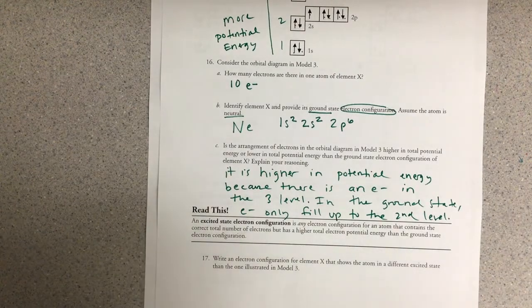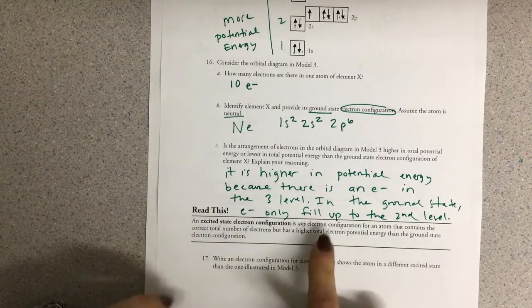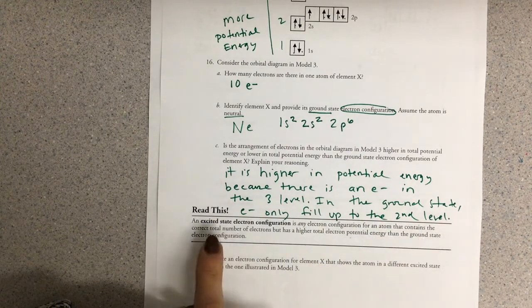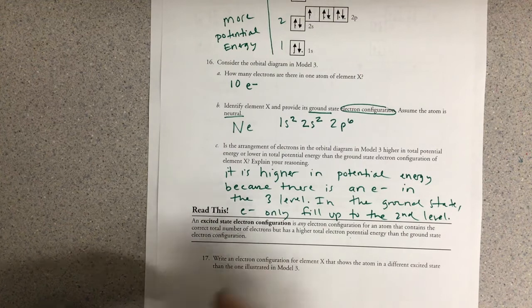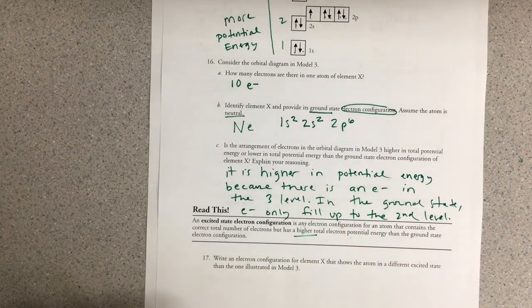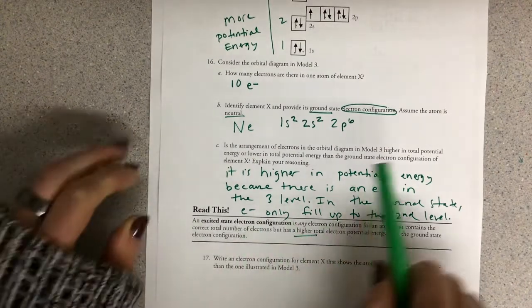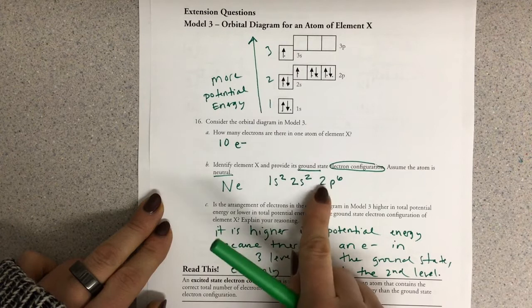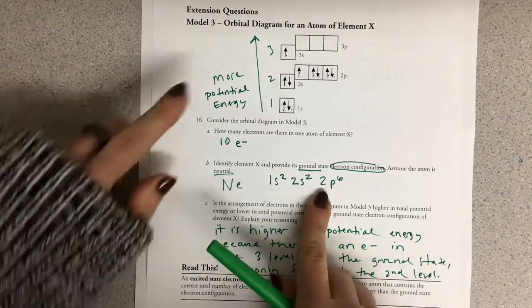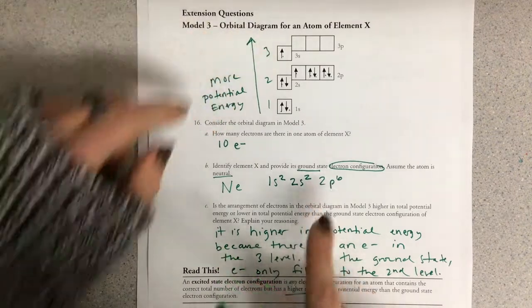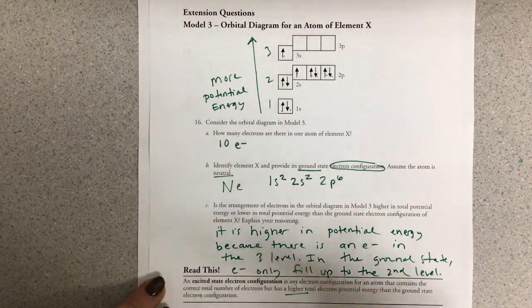Okay, all right, read this. An excited state electron configuration is any electron configuration for an atom that contains the correct total number of electrons but has a higher total electron potential energy than the ground state electron configuration. So in the ground state, the highest electron goes into the second level. This is an excited state because we have this funky electron up here in level 3.